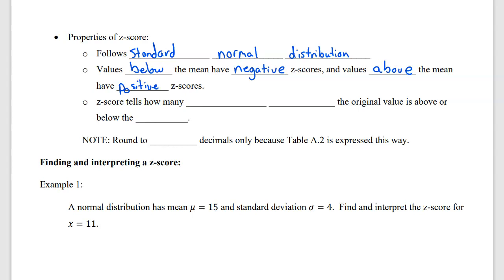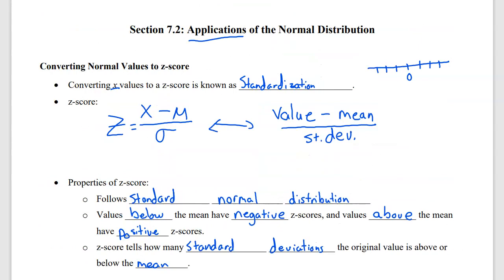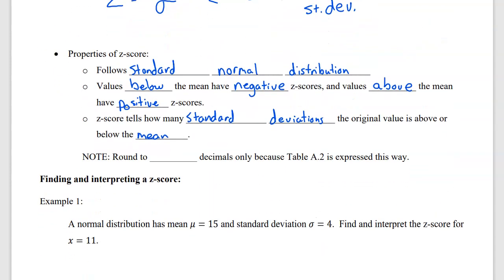And what the z-score tells us is how many standard deviations the original value is above or below the mean. So if I have a positive 0.5, that means it's 1/2 of a standard deviation above the mean. That's what a z-score is telling us.